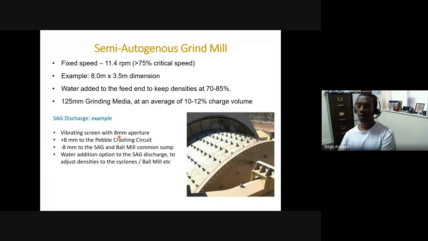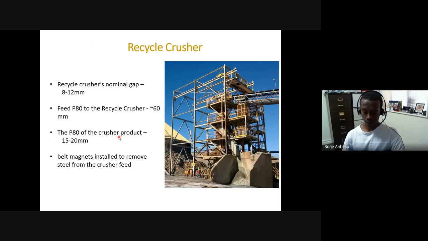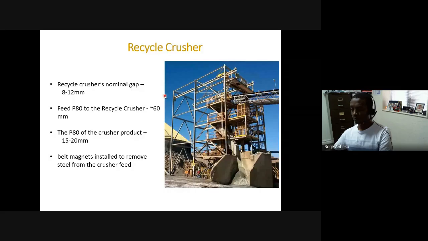Okay, but at least here, I want you to understand that SAG mills have a larger power draw, which then makes them effective for primary grinding stage. And as said, usually the oversize from a SAG mill is crushed using a recycled crusher. Usually we use a smaller cone crusher for this purpose.